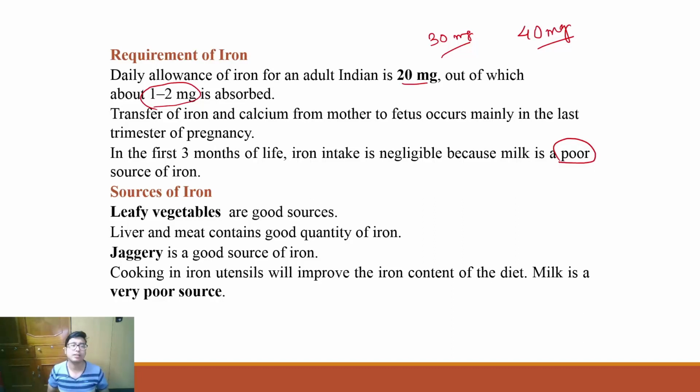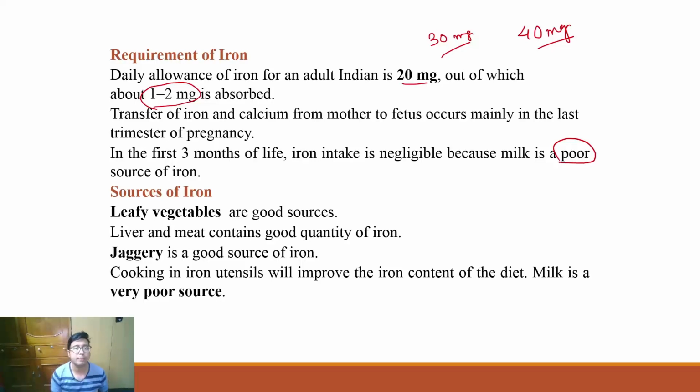Next, we come to the sources of iron. As you know, all the leafy vegetables are good sources of iron. Liver is a good source of iron. Jaggery is also a good source of iron, and it is often said that cooking in iron utensils also contributes to the intake of iron, because iron diffuses.